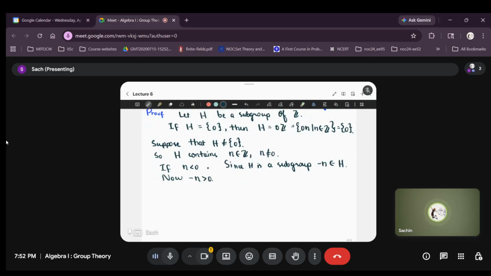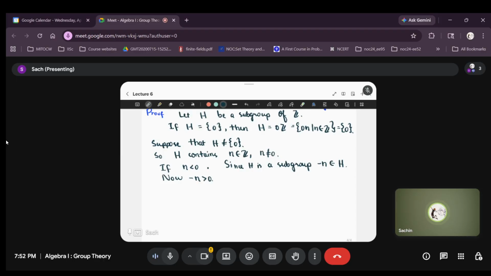So it's not possible that you have a subgroup containing only negative integers, because the inverse of a negative integer is a positive integer, and the subgroup will contain the inverse of every element inside it. So the only subgroup that does not contain a positive integer is the trivial subgroup.